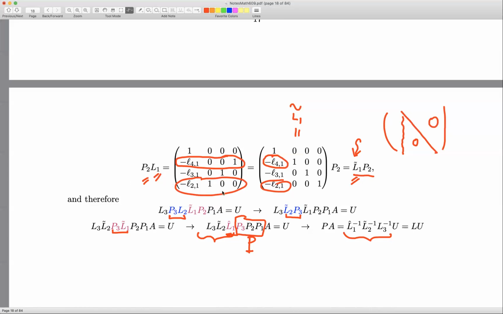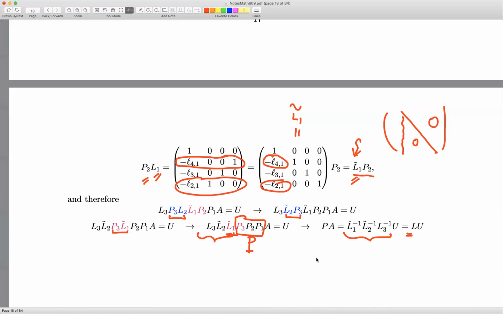And one can go through similar proofs as we did before, that because of this structure, the inverses of those hat and tilde matrices will have the same structure as the inverses of the original L1, L2, and L3, and when we multiply them, we will end up with a lower triangular matrix L.